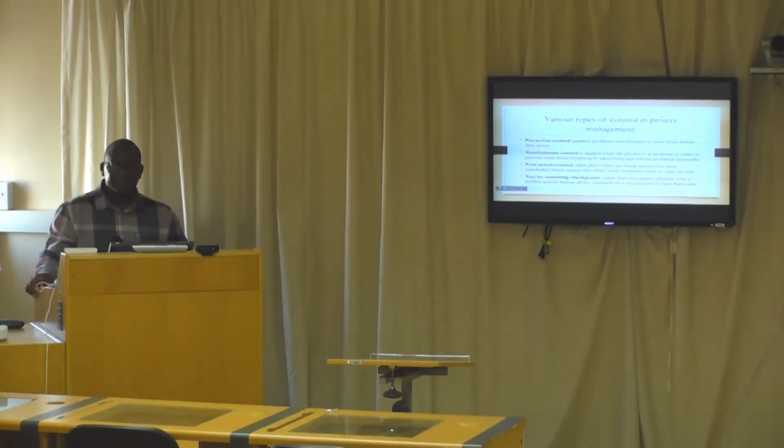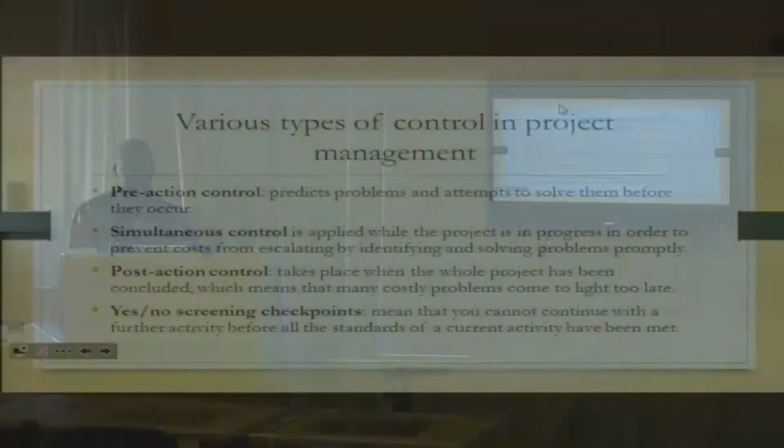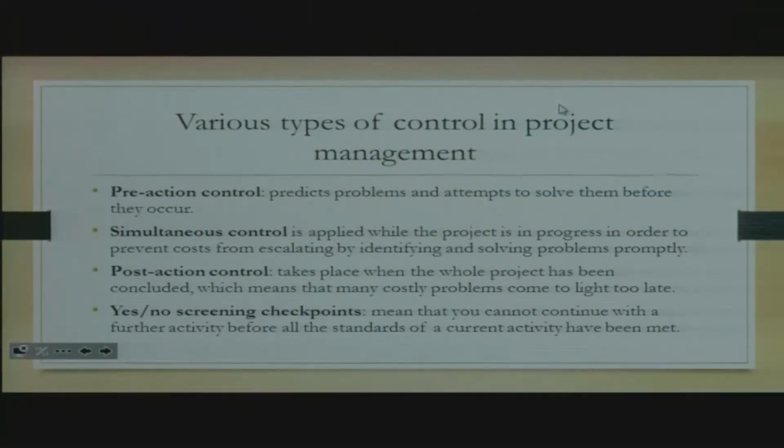Like when you're cooking, what is our simultaneous control that you can use? Keep on tasting. You season your thing with salt or whatever, but you taste whether everything is done correctly. Those are control measures. Then you got post-action control measures. This takes place when the whole project has been concluded, which means that many costly problems come to light too late, unfortunately.